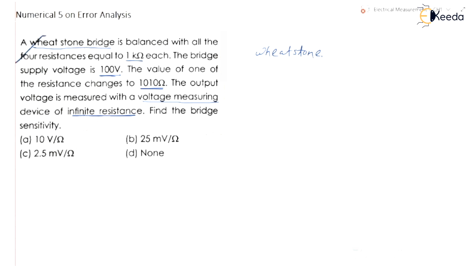While discussing the chapter bridges, we are going to discuss in detail what is the Wheatstone bridge. Basically, this bridge is used for the measurement of resistance. It consists of 4 resistors.